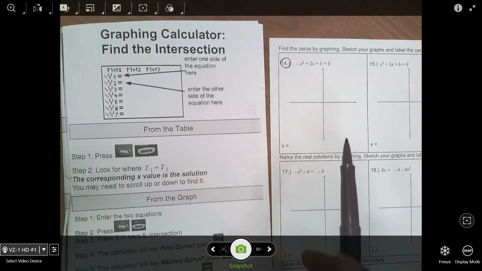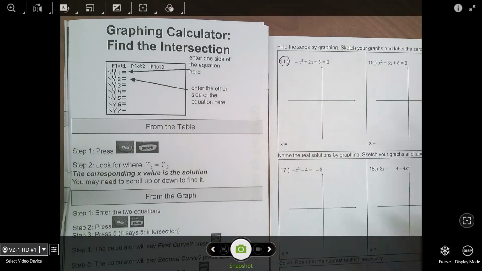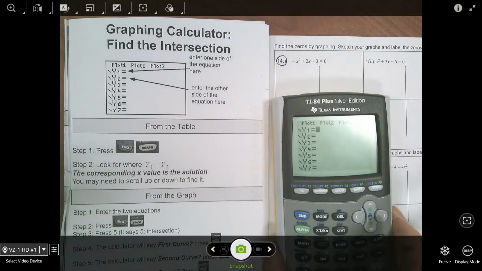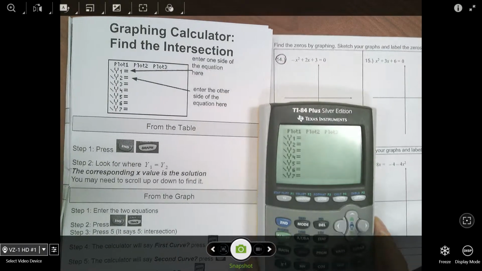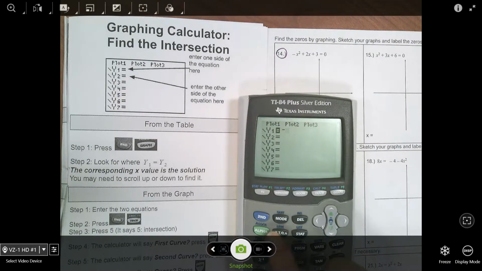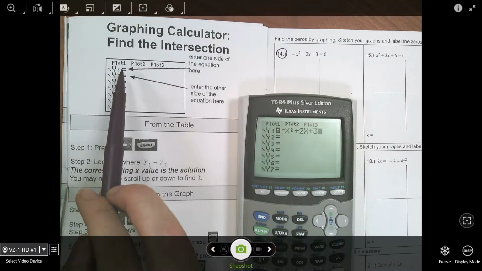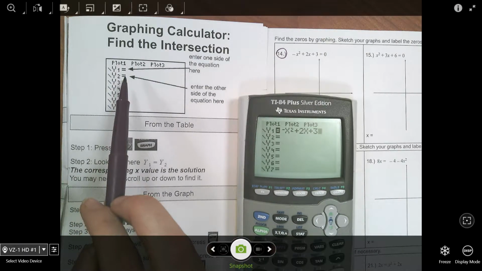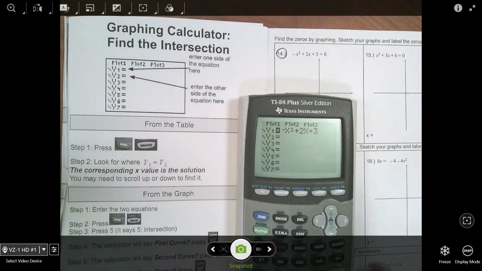So we're going to do number 14 together. Here's my calculator, and I'm going to enter negative x squared plus 2x plus 3 on one line, and then whatever is on the other side of the equal sign, you're going to put on the next line.